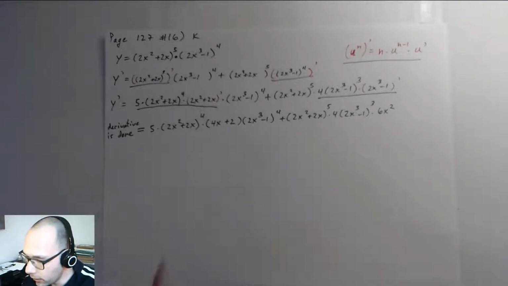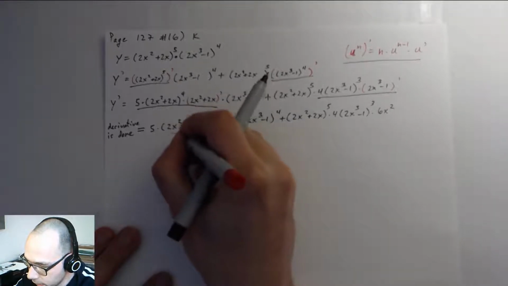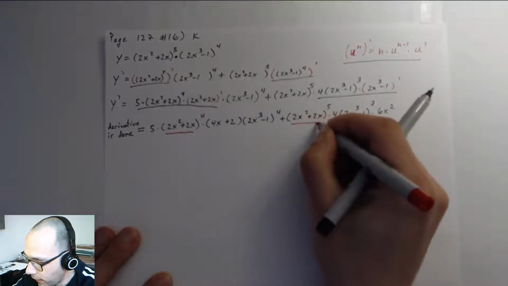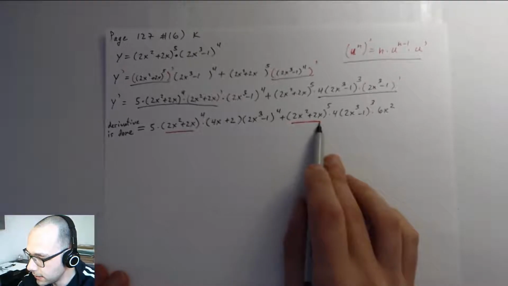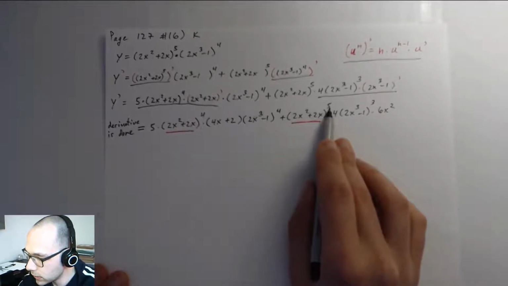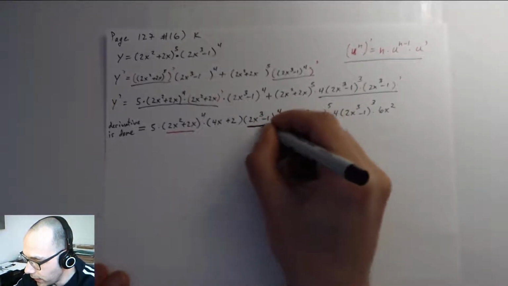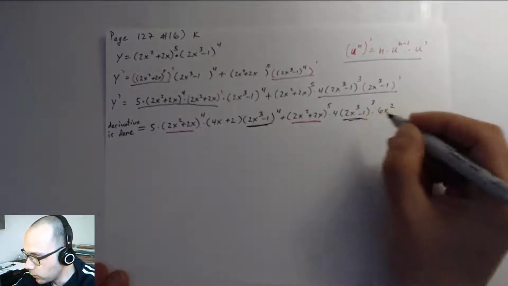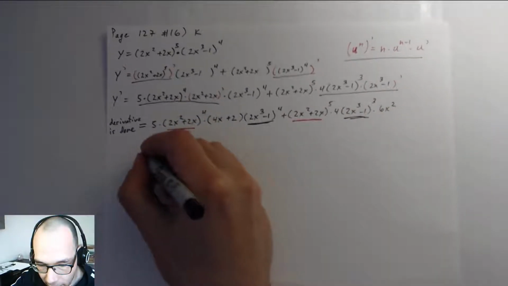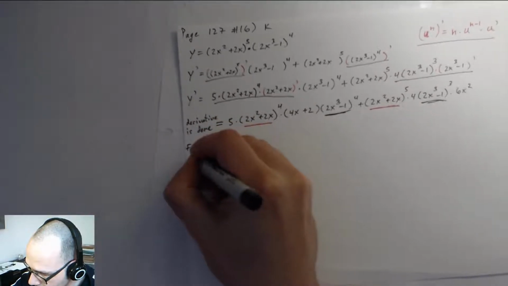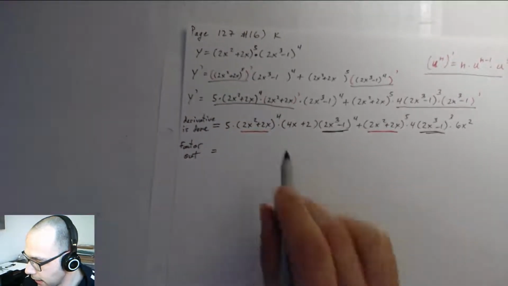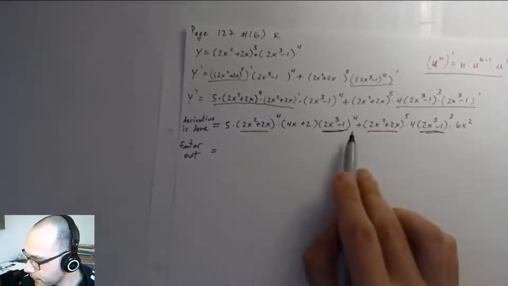All I have to do now is factor out the common factor. I can see that this bracket right here is exactly the same as this one, only the exponents change. Same thing for that one with that one. So I have to factor out the same expressions.